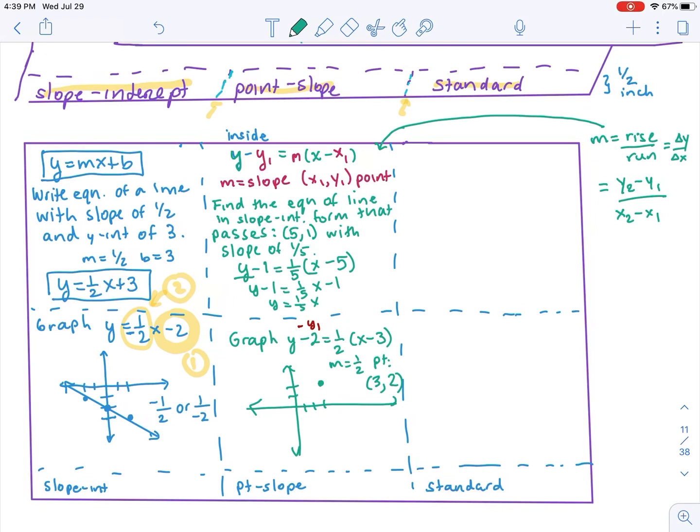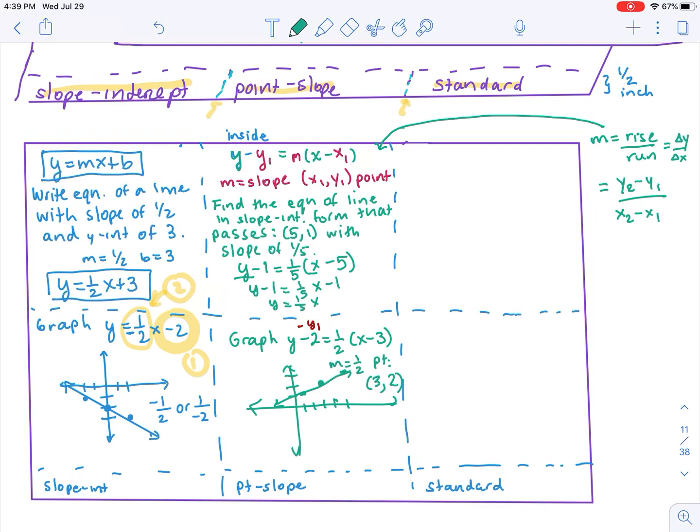Must pass through 3, 2. And then from that point, we use slope to get to the next point. So up 1, right 2. Or down 1, left 2. And we get a line that passes through that point with that particular slope.